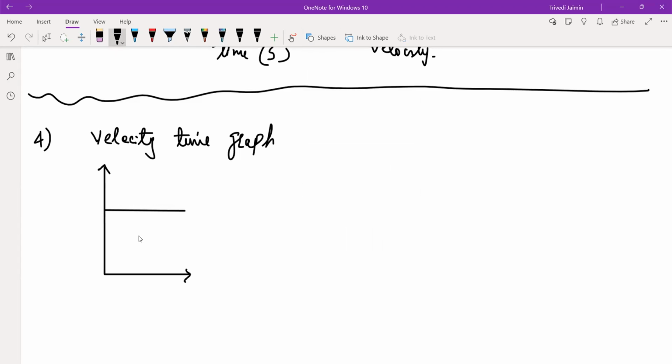What do you see here? Velocity and time. Okay.